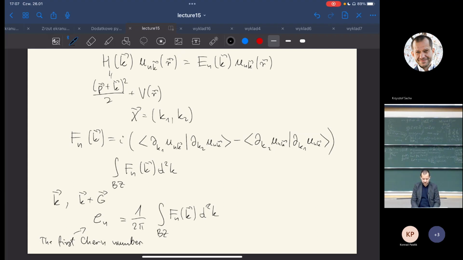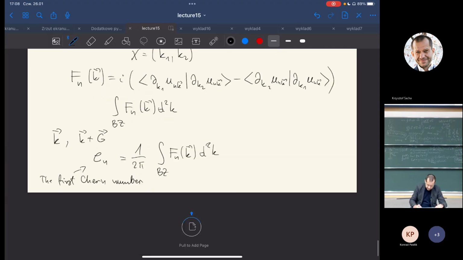Otherwise, if any Chern number is not equal to 0, then we have what we call a Chern insulator. Moreover, when we sum all Chern numbers over all energy bands, it is not difficult to show that the sum is equal to 0.